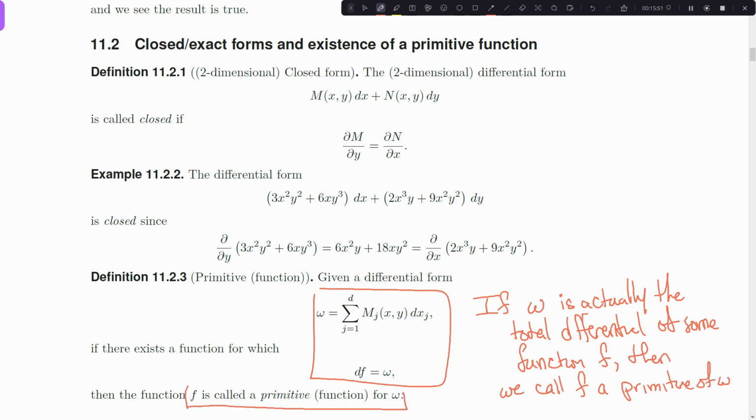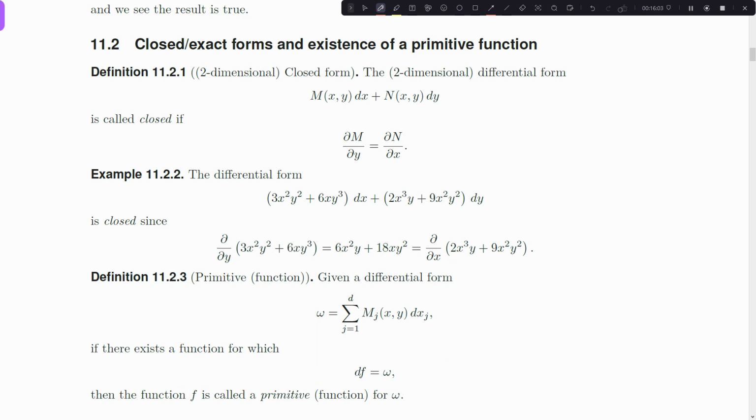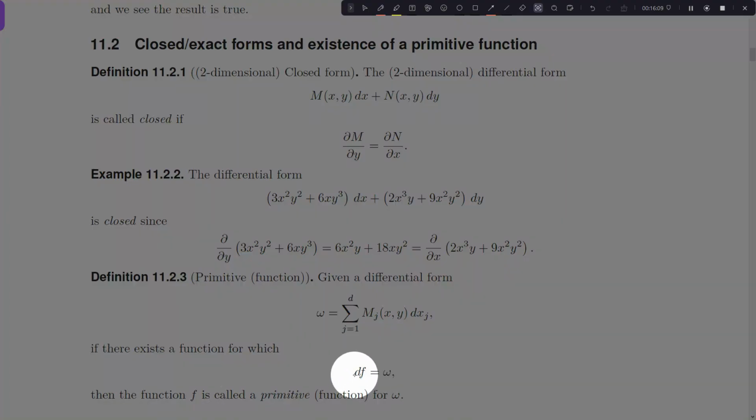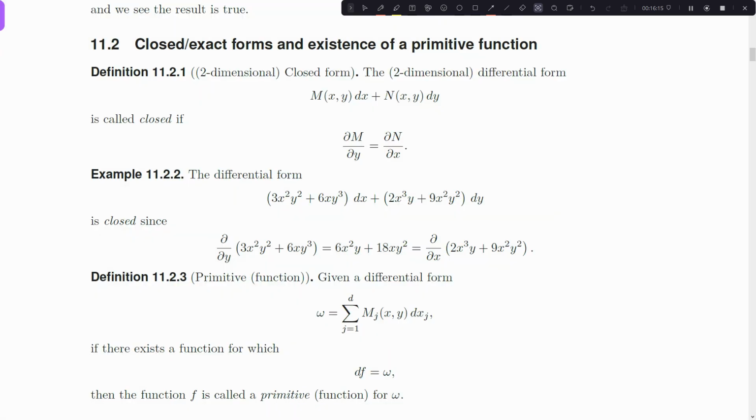Right, so f is called the primitive function of omega. So a primitive in the sense that under the differential, you recover omega. So in some sense, we're thinking along the lines of antiderivatives, right? If omega is a differential, then its primitive is like an antiderivative. That's how we can think about it.